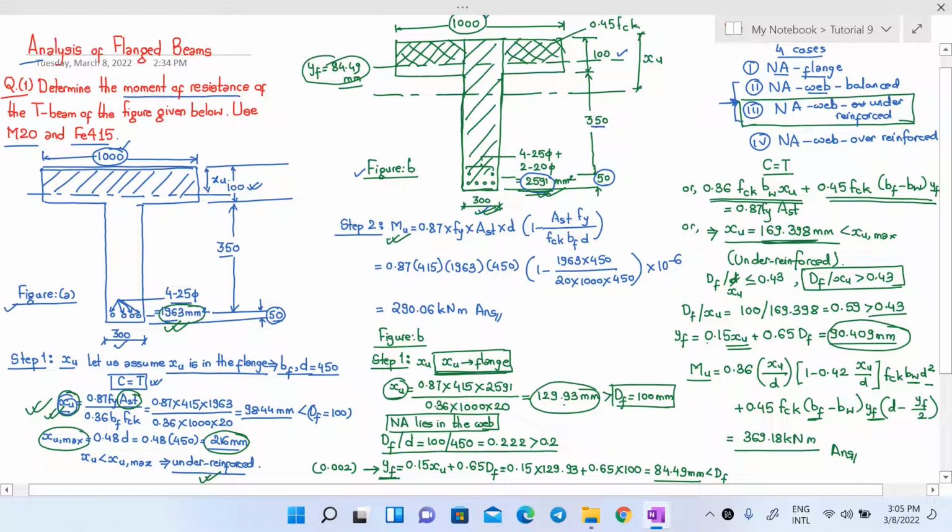So we determined the value of yf, and used it in this equation C equals T to find the actual value of the depth of neutral axis.